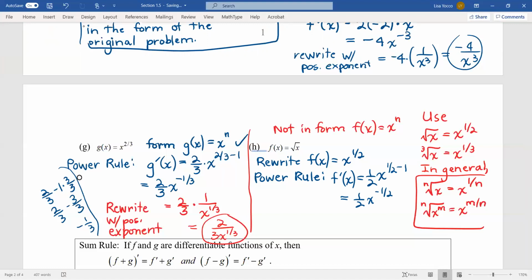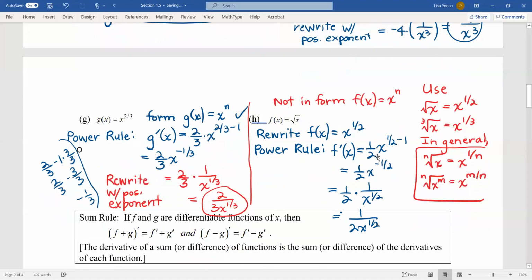Now we've got something similar to what we had in the previous problem. X to the negative 1/2 is the same as 1 divided by x to the 1/2. And this is what it looks like if I multiply the fractions together.